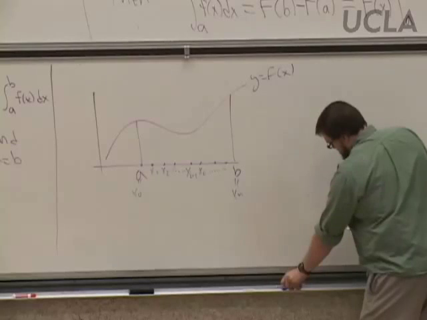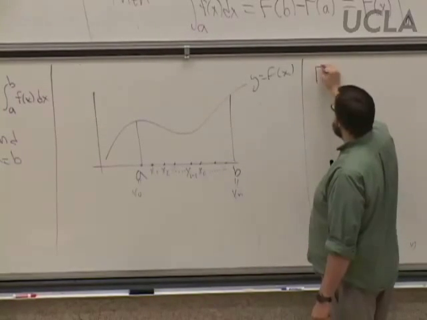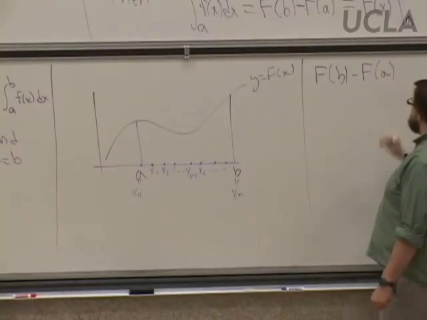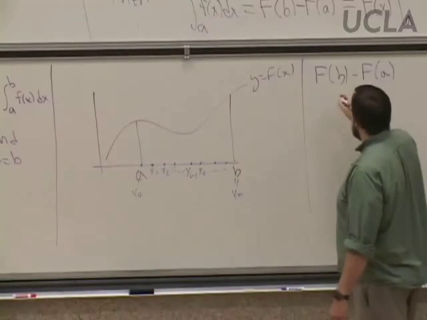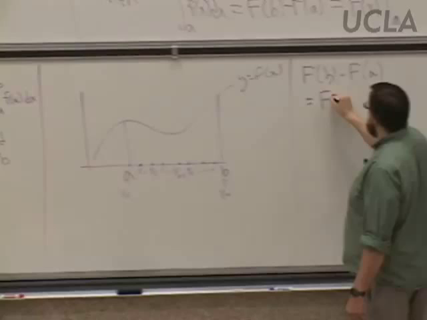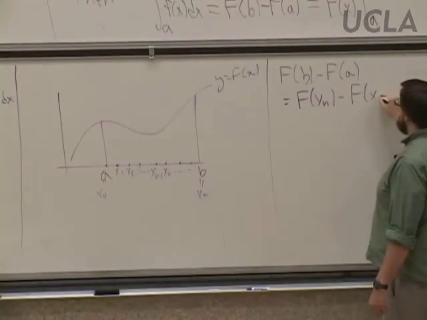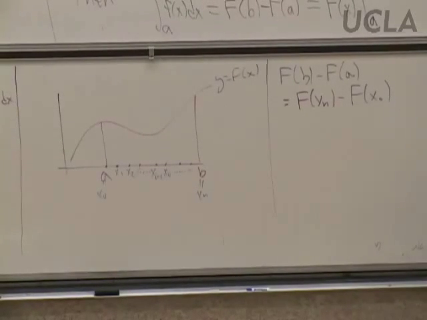All right. Now, let's look at f of b minus f of a. Well, because of my notation here, this is really the same as f of xn minus f of x0. Because I just said, let's call b xn, let's call a x0.